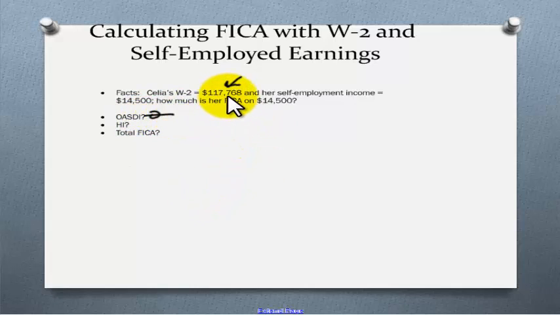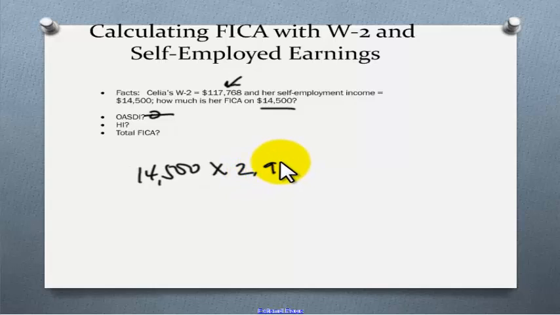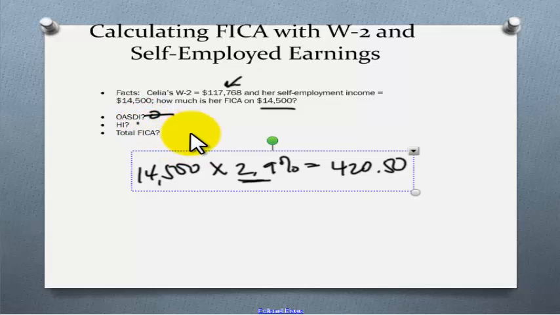And again, remember, we factor her W-2 income first when we're taking into account have we met the OASDI cap or not. But HI, there is no cap on that, so all $14,500 would be taxable for that. So for HI we take $14,500 and multiply by the HI rate, which is 1.45 plus 1.45 or 2.9%. When you do that, you should get $420.50. So therefore, we've got $420.50 for HI, and so our total FICA is the same amount, $420.50.